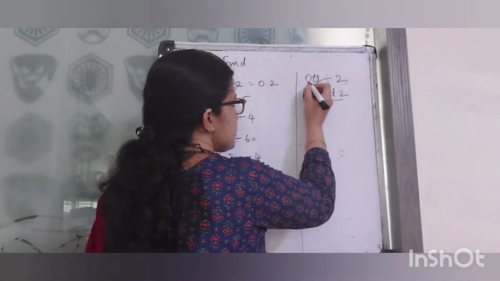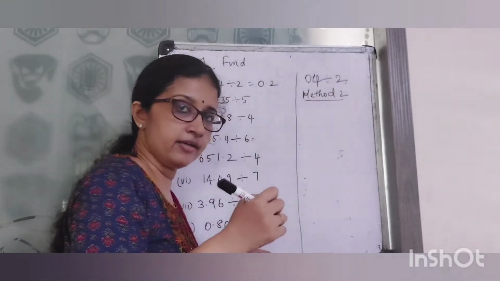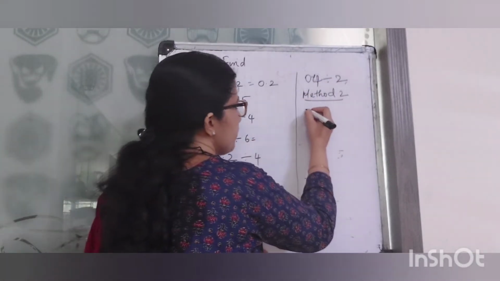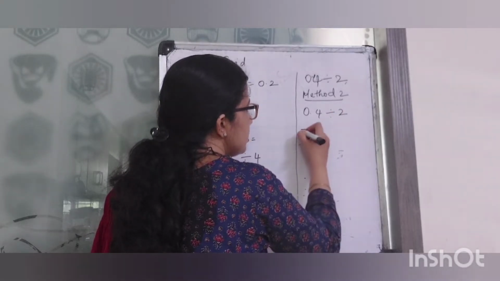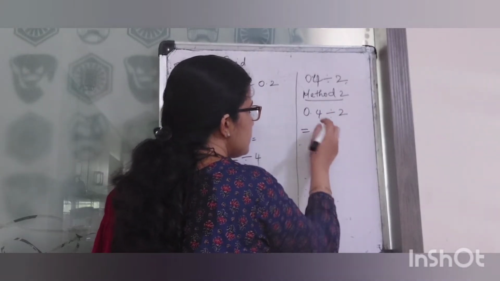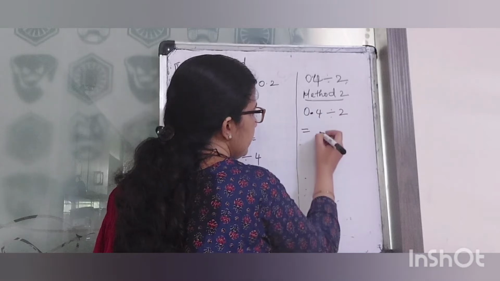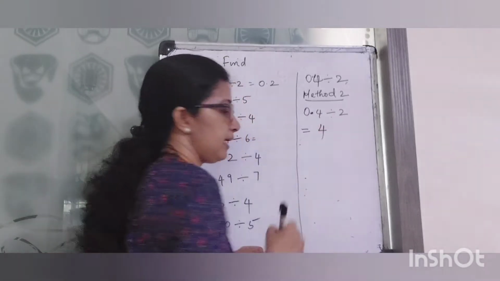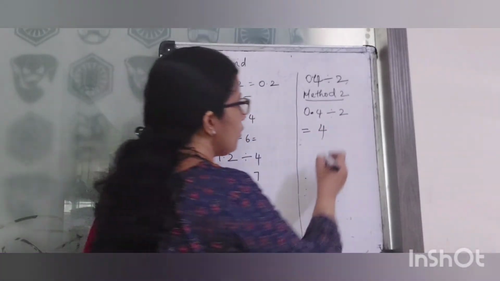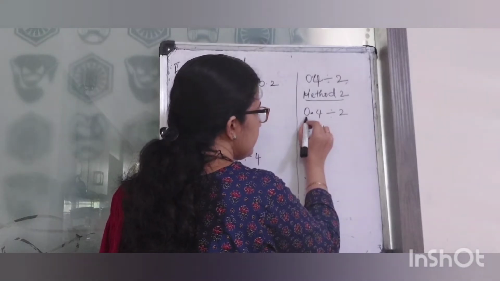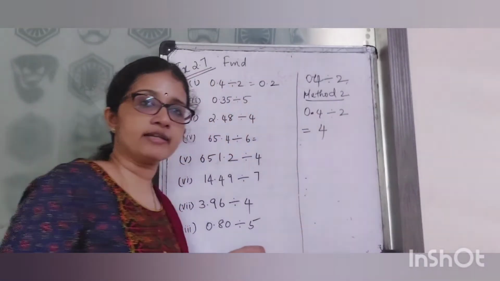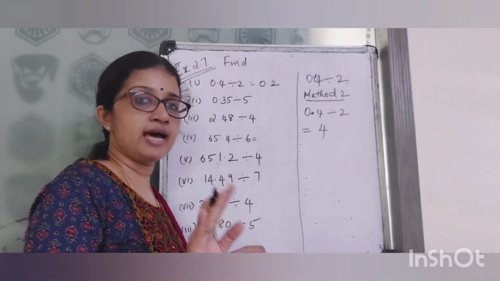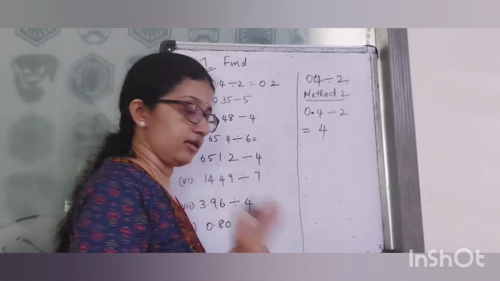If we multiply 0.4 into 10, we get 4. But if we are multiplying this by 10, the other number also has to be multiplied by 10, so that the answer will not get affected.